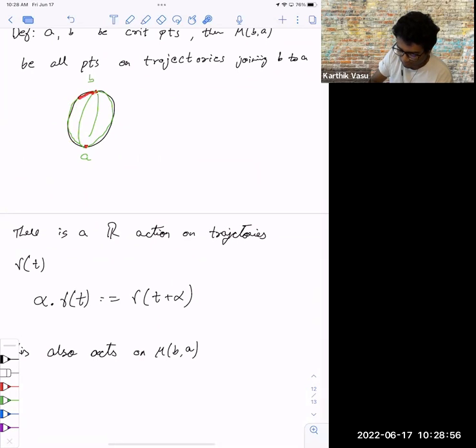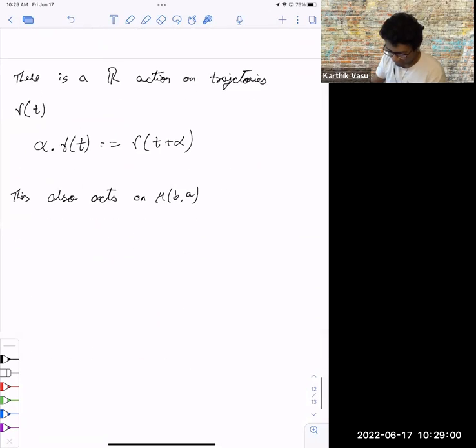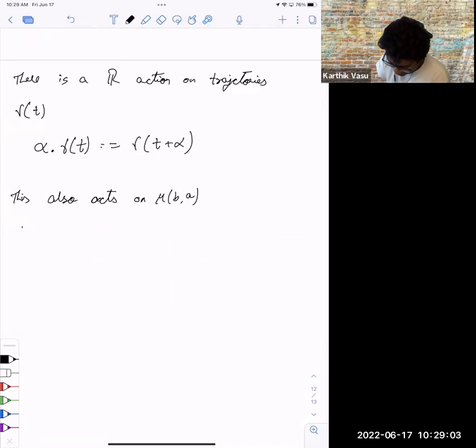So basically the orbits of this action will just be trajectories. And what I will do is I will consider the space L_BA, which is nothing but take M_BA and quotient it out by this.